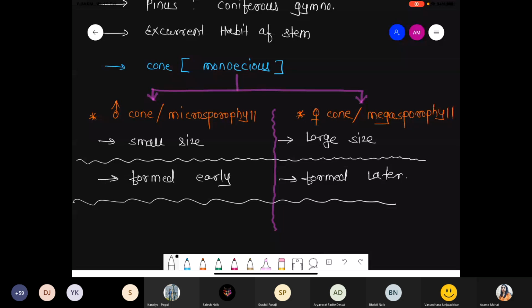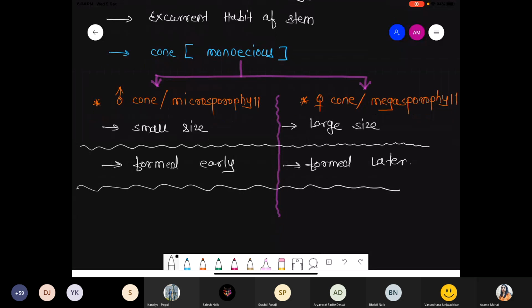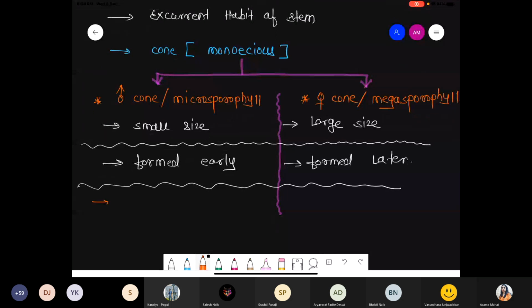Now the next point: the male cone produces a high number of pollen grains. We will see later what pollen grain means. So there is a high number of pollen grain production.